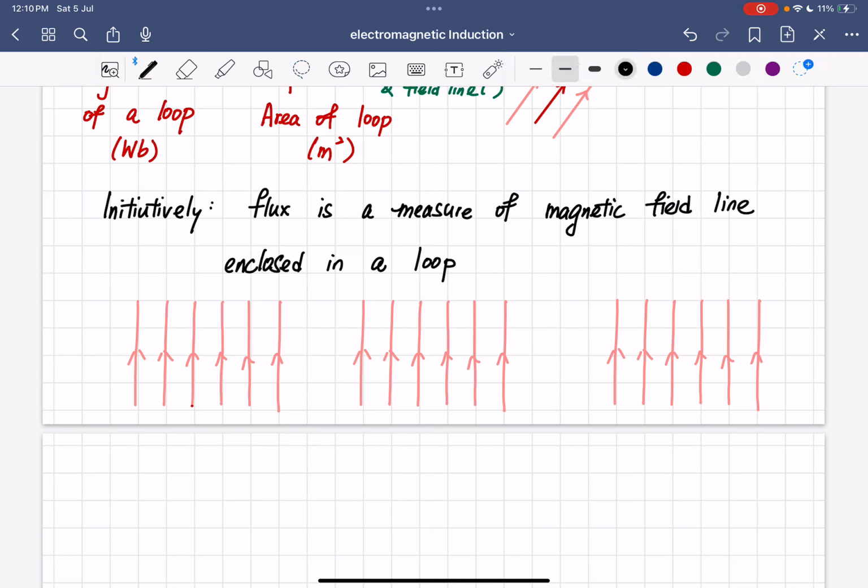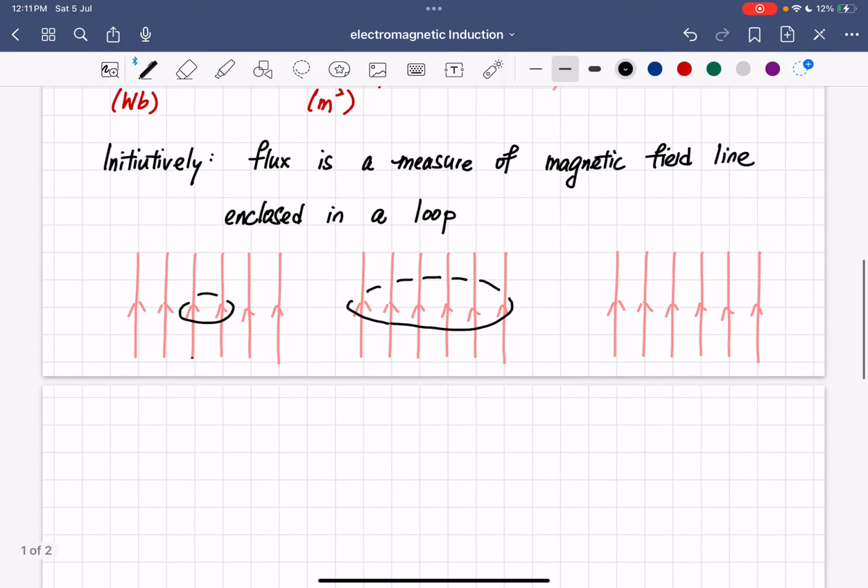For example, the first loop encloses only this part of the magnetic field, and then I draw another loop which is much bigger, able to enclose all of these six magnetic field lines.